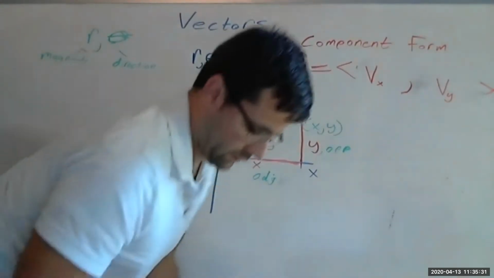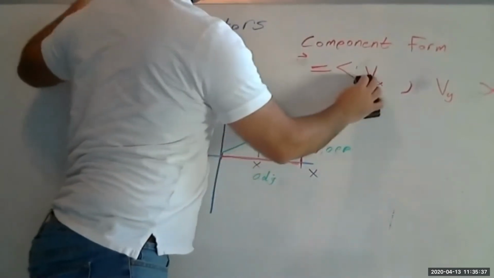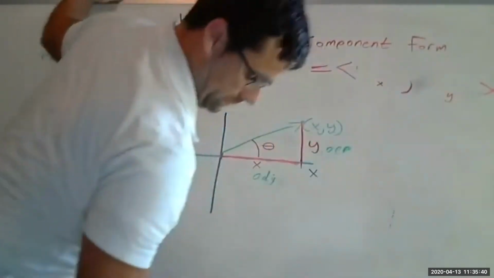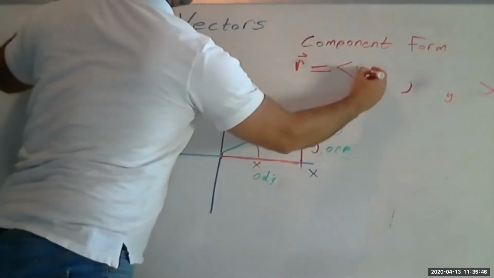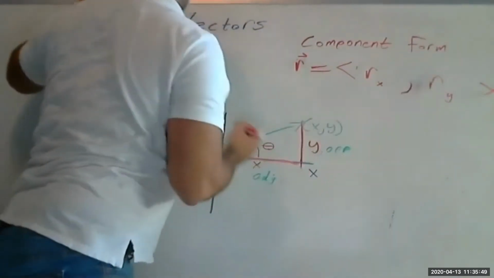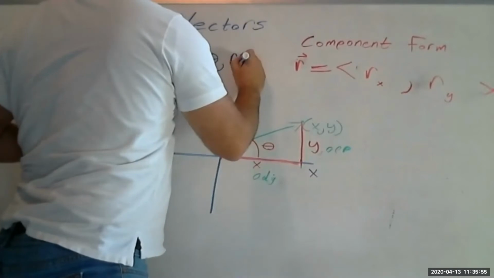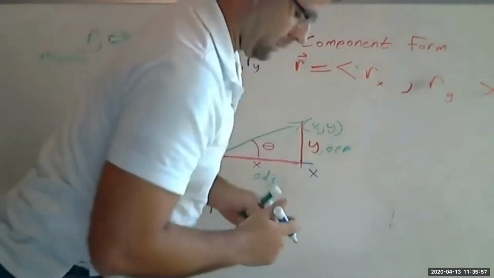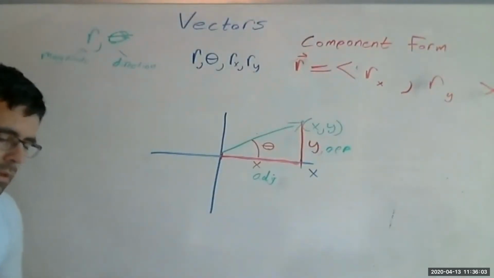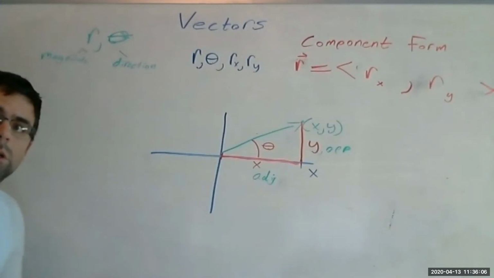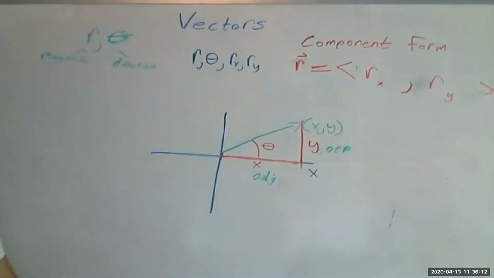Actually, let's keep our letters more streamlined than this. So there's a relationship that relates R, Rx, and Ry. What is it?